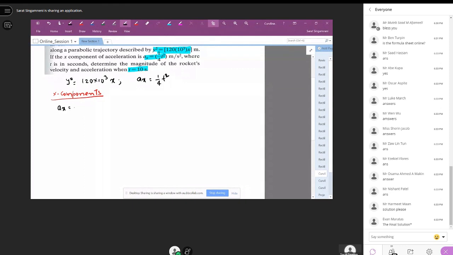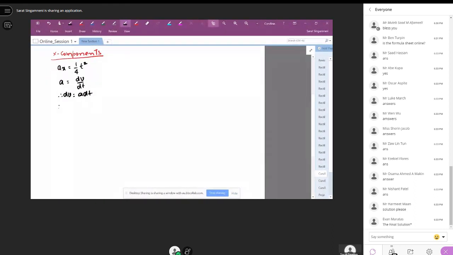ax is equal to 1 over 4 t squared, but a is equal to dv over dt. Therefore, dv equal to a dt, and therefore integral dv is equal to integral 1 over 4 t squared dt, with limits 0 to t, and this is 0 to the vx component.